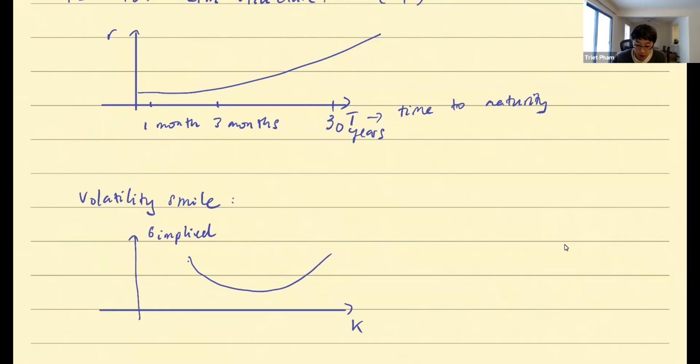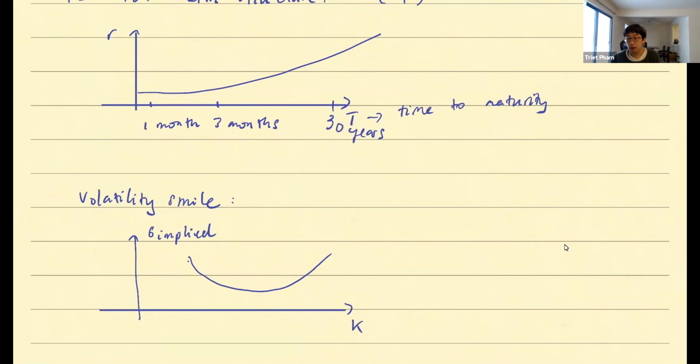Because it looks like a smile, people call this the volatility smile. It is the concept that implied volatility as a function of strike is not a flat line. For a little bit deep in the money or deep out of the money, the implied volatility is higher than the implied volatility around the money level.